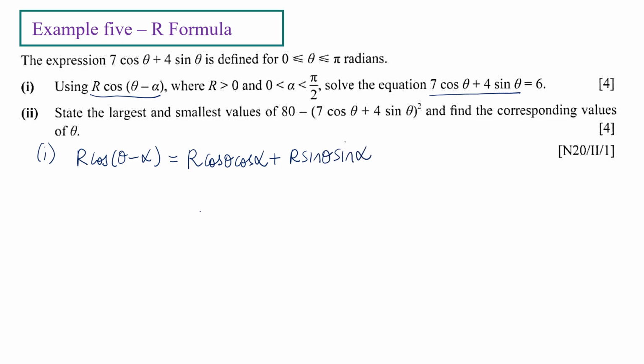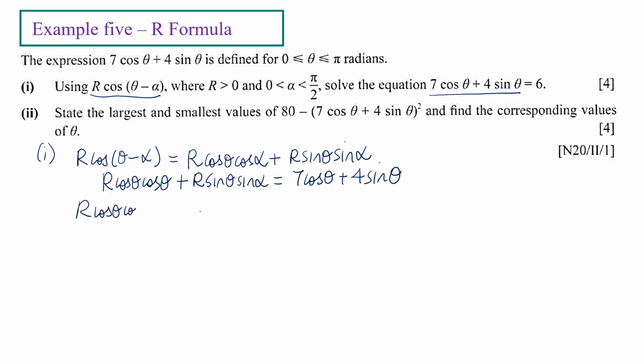If you've forgotten your addition formula, please do a recap. Okay, we're going to compare this with 7 cosine theta plus 4 sine theta. Right, so R cosine theta cosine alpha can be compared with 7 cos theta.